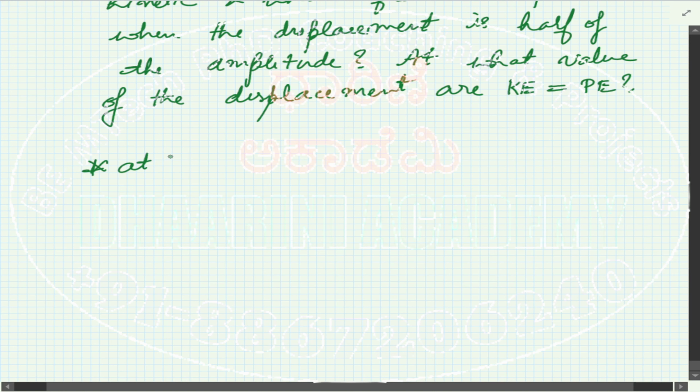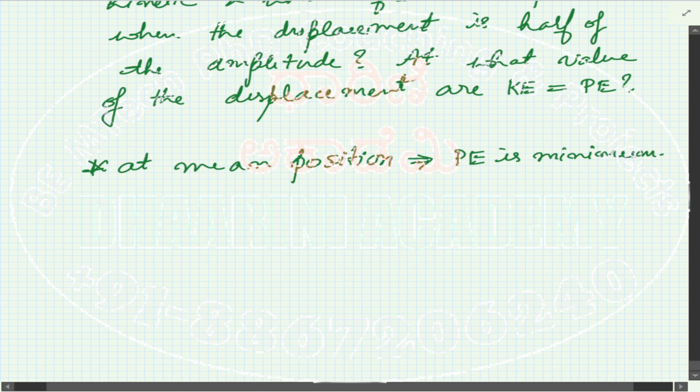At the mean position, we know that the potential energy is minimum. So we know that the total energy, E total, is equal to half m omega square into capital A square.